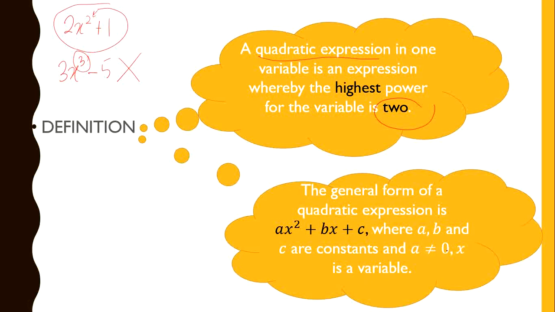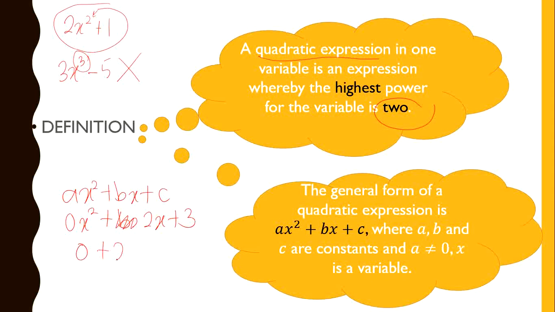Okay, why a cannot be equals to 0? Because let's say kalau a equals to 0, general form dia actually like this. So 0 times x squared will be 0, right?